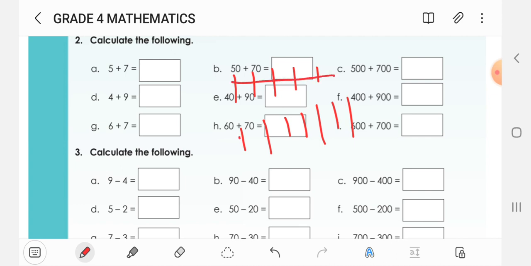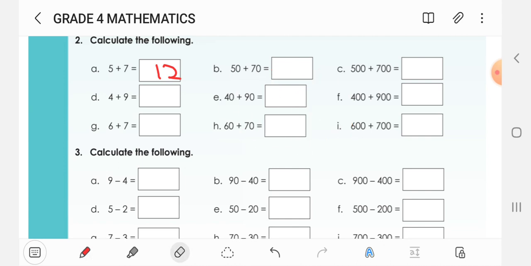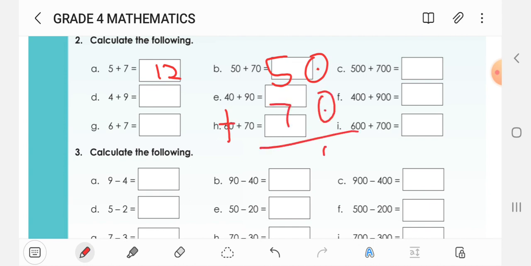This is 5, 6, 7, 8, 9, 10, 11, 12. So here we will have 12. And then here we have 50 plus 70. So that will be 50 plus 70. 0 plus 0, 0. 5 plus 7, 12.